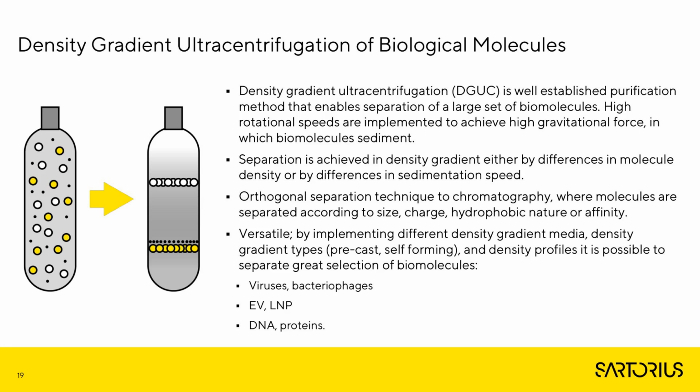By implementing different density gradient media, density gradient types, and density profiles, it is possible to separate a great selection of biomolecules. And before the advent of chromatography in the 70s, the method was actually used for purification and separation of viruses, bacteriophages, EVs, DNA, and even proteins.